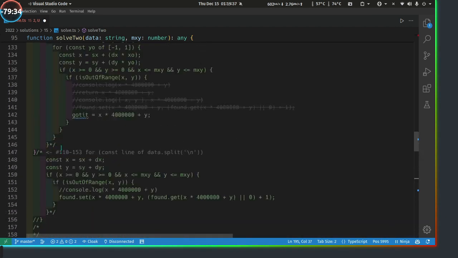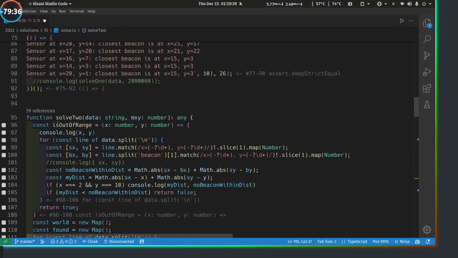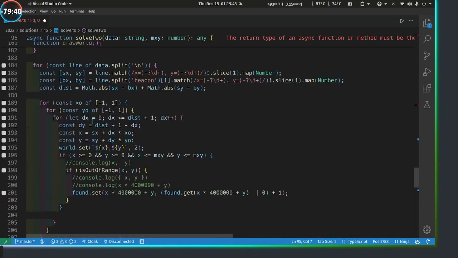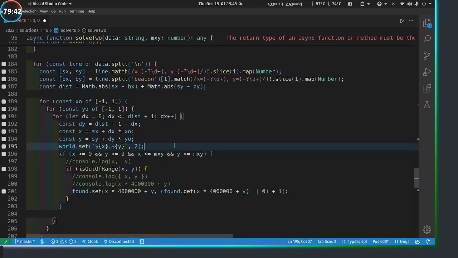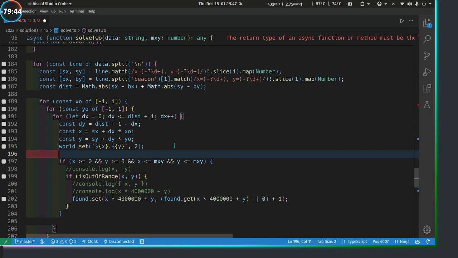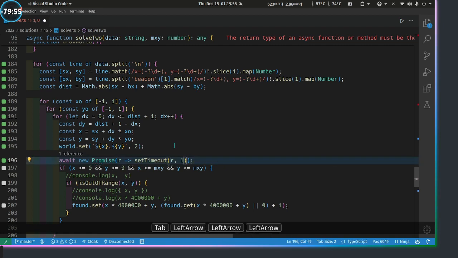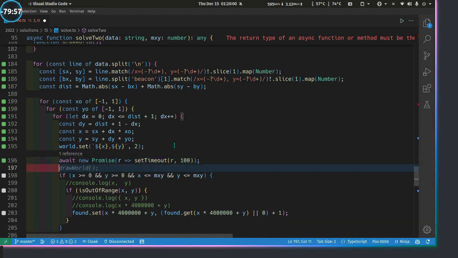Make this asynchronous. Our brain needs to follow it. Yep, world set XY2. Point. Promise. Promise. 1000. Draw world.